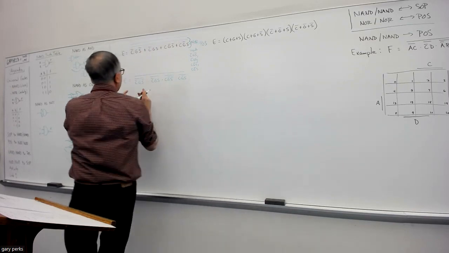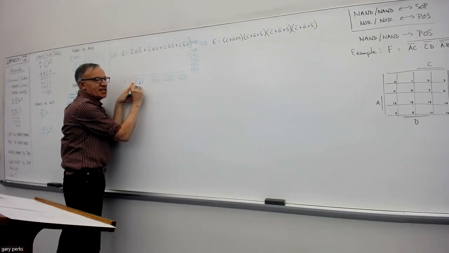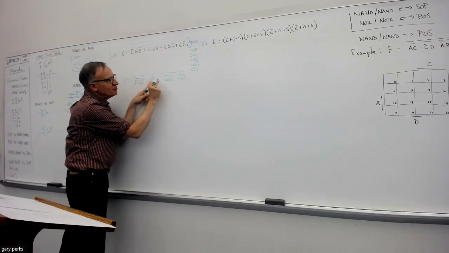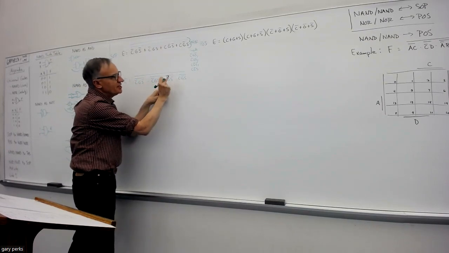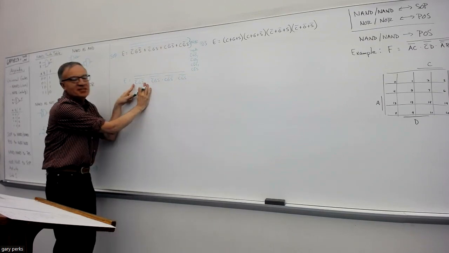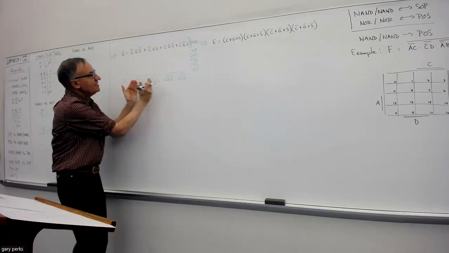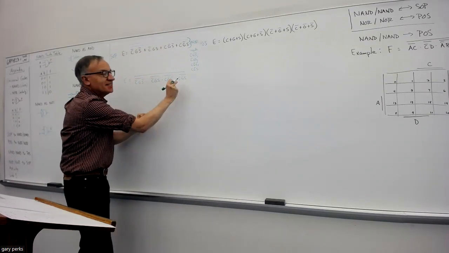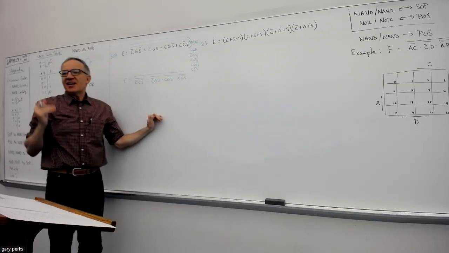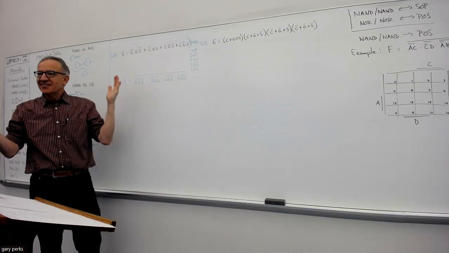So if you just look at each term here, right? These inputs are ANDed together and then inverted, inputs ANDed together, inverted, inputs ANDed together, inverted. Just looking at a term right there, what kind of gate is that? That's a NAND. And then these NANDs are ANDed together, the whole thing inverted. What's that? NAND. So you see, that's why it's called NAND.